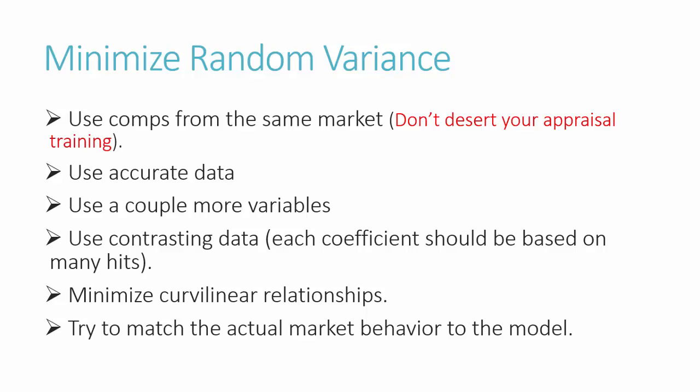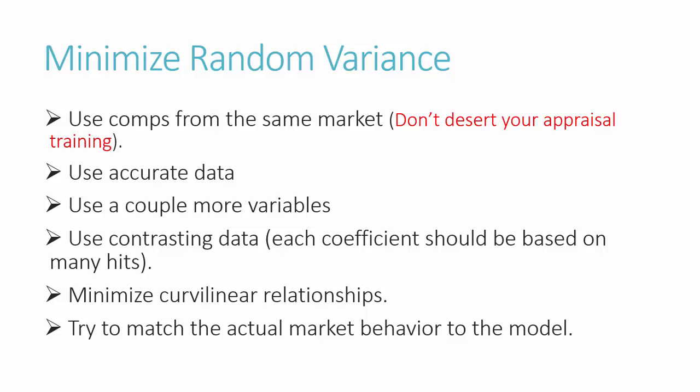All right, to minimize random variance, we want to use comps from the same market. So we don't want to desert our appraisal training. If you throw comps from different markets on your appraisal grid, you're going to have issues. Well, it's the same way with regression. It's very important. The whole basic appraisal starts with identifying your market and pulling comps from the same market.